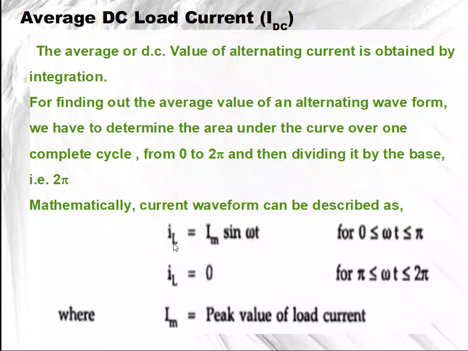IL is equal to Im into sine omega t, right, in the first half cycle. But we know that in the negative half cycle there is no current flow, so at that time IL is equal to 0. That's why we only have to consider 0 to pi, that means one half cycle, right?